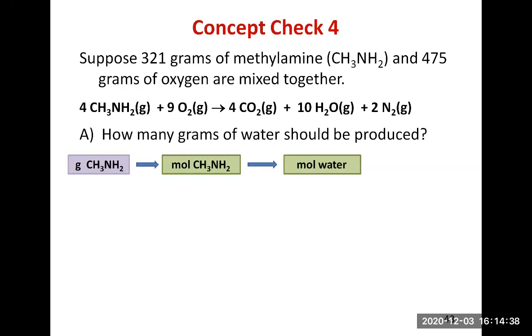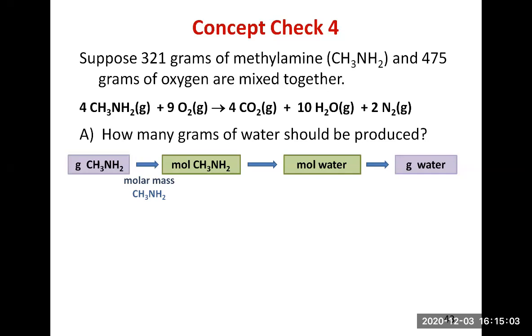Then using the coefficients from the balanced chemical equation, we change the moles of methylamine into moles of water. And then we can change the moles of water into grams of water. So that's how we will get the grams of water produced from the grams of methylamine, assuming that we have enough of the oxygen, of course.